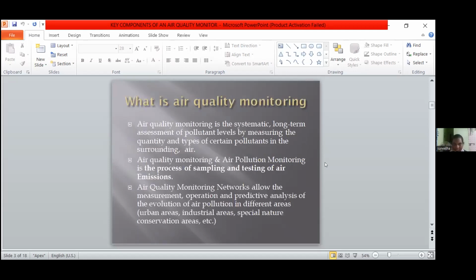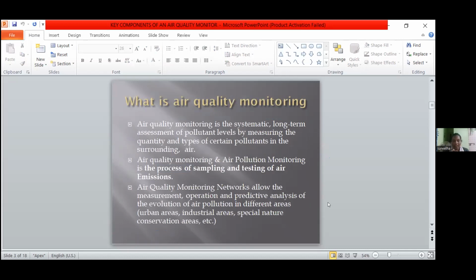And what is air quality monitoring? We know that air quality monitoring is nothing but finding the pollution level in the air. Air quality monitoring, or air pollution monitoring, is the process of sampling and testing of air emissions.